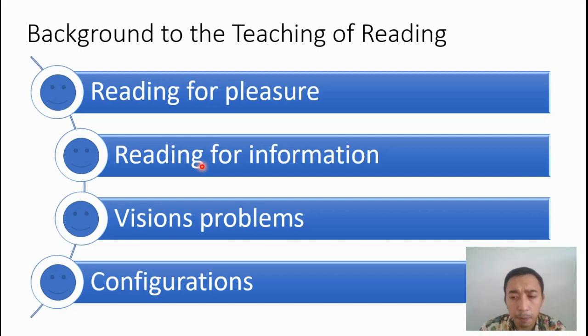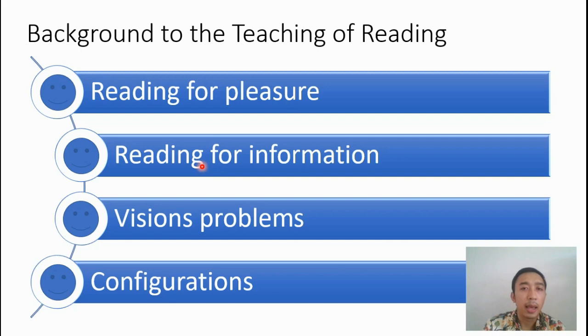So what is the difference? If we talk about reading for pleasure, it means that we are reading to make our feelings fun, to have fun, to entertain ourselves because of reading. We call it reading for pleasure, because we have a fun feeling, or we are focusing on the feeling of reading.